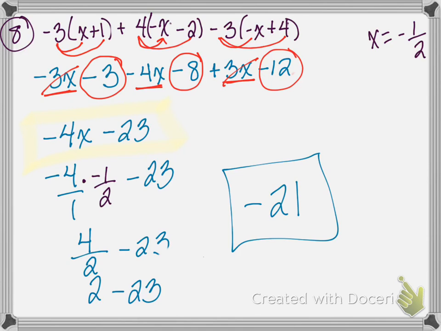Okay? So are you saying you think we should just leave it as 2 minus 23? Oh, no, I just didn't realize you simplified to 2. I gotcha. 4 over 2 is 2. Yeah. That's how we got to that. Good question. How are we about that? Okay, good.